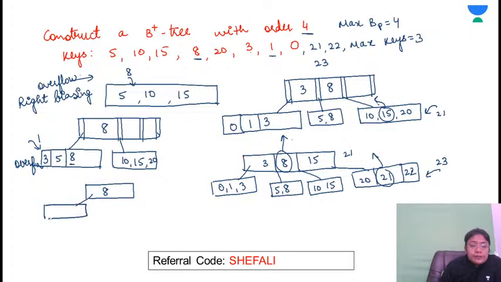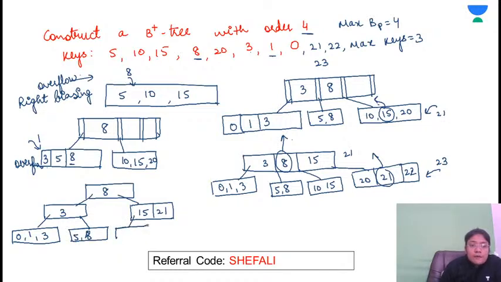3, we have 15 here, 15 and 21. In its left child, we have the elements 0, 1, 3, and in the right child, the elements are 5 and 8.